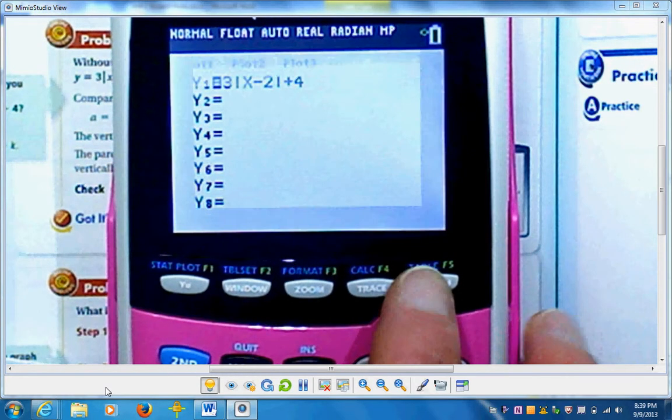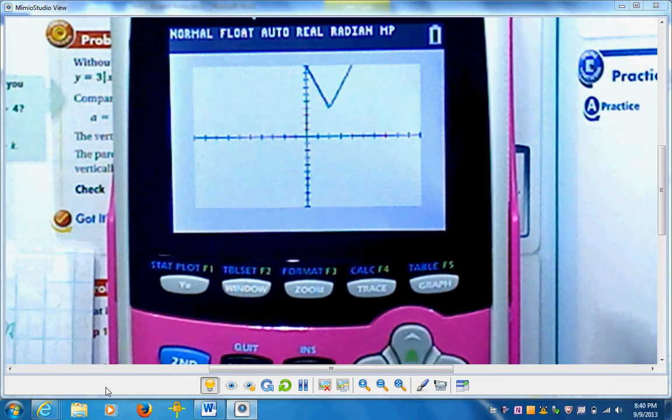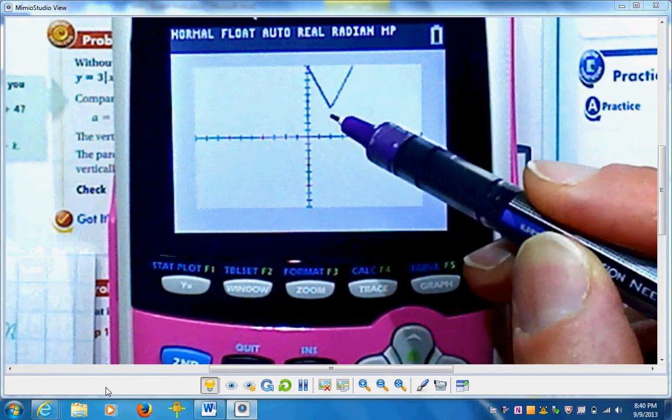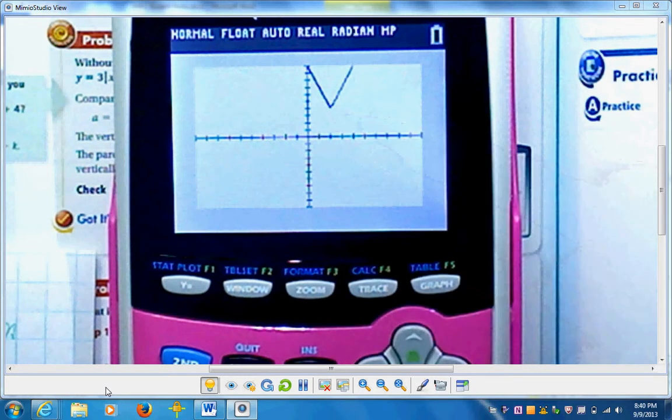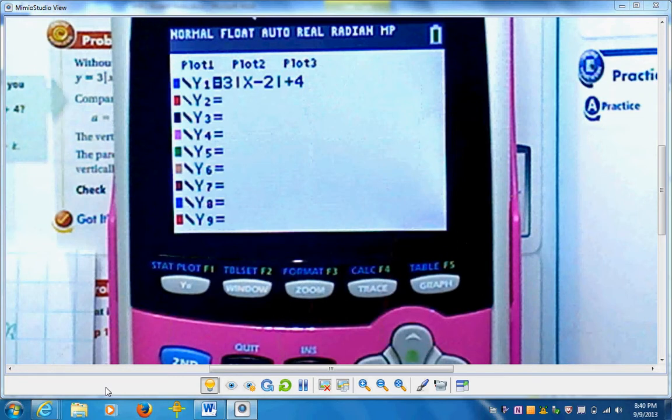So let's just see what that looks like. Okay, so that's what that looks like right there. So we can see that it went right 2 and up 4, just like we said previously. So let's compare that to our parent function. So in y2, I'm going to put in absolute value.